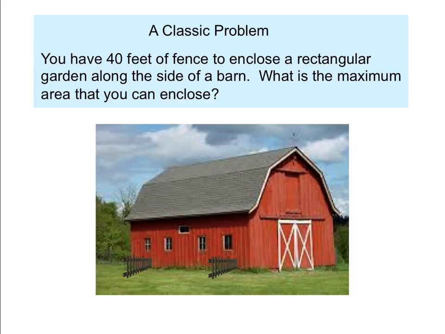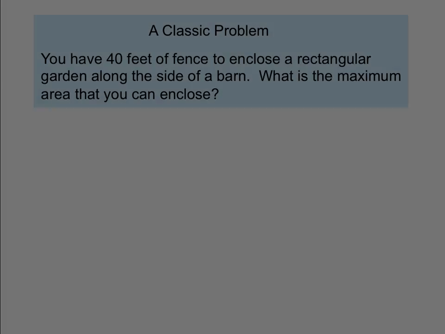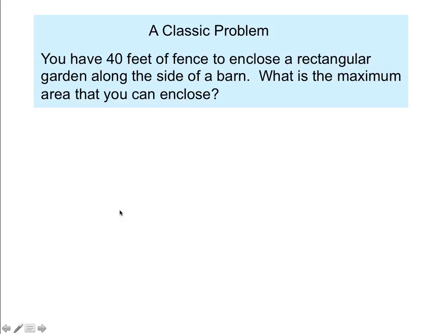Altogether, those 3 pieces of fencing are going to equal 40 feet. If we look at the barn from above, that gives us this sort of area, where we have the edge of the barn here, and then we have the fencing here. That 40 feet ties into this length plus this length plus this length.